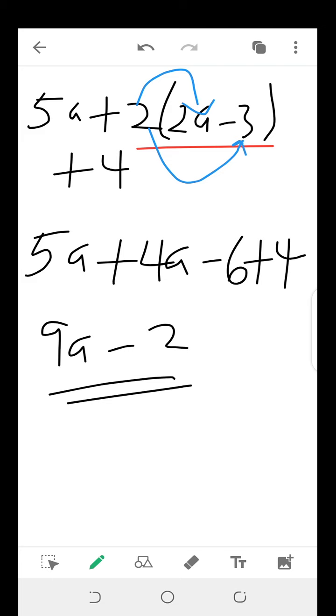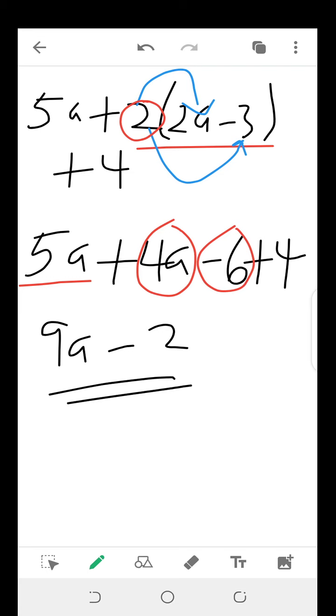So we just need to write our 5a here. We're not doing anything to it, but we multiply the 2 which is outside here by the first number in the bracket, which is 2a, and we get 4a here. We use the 2 outside the bracket to multiply the minus 3, and we get minus 6 here.